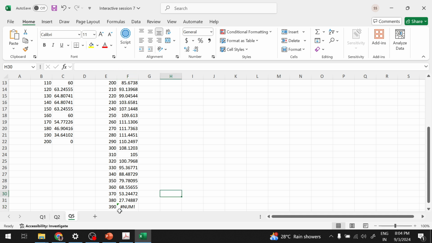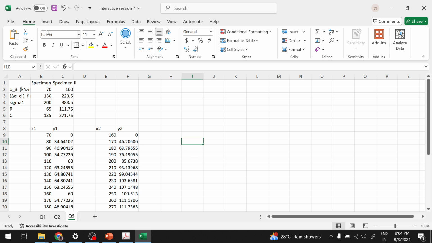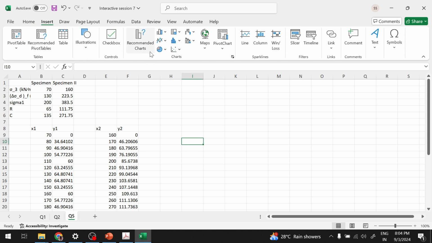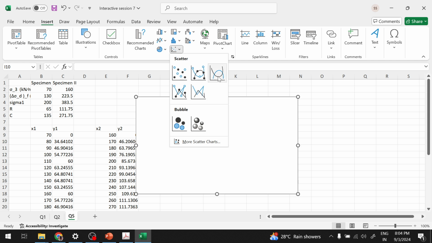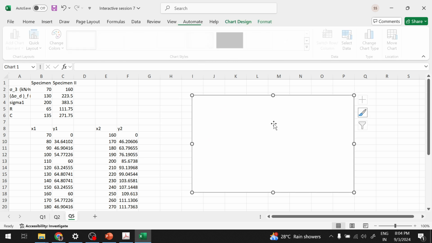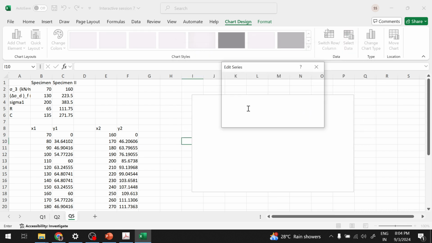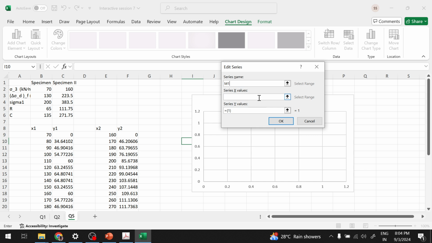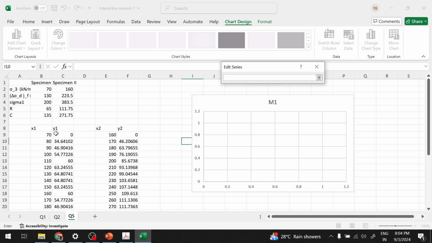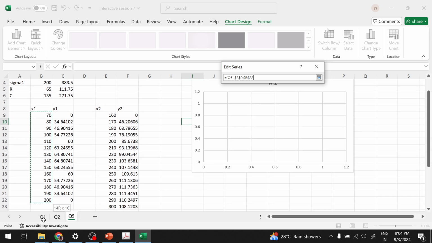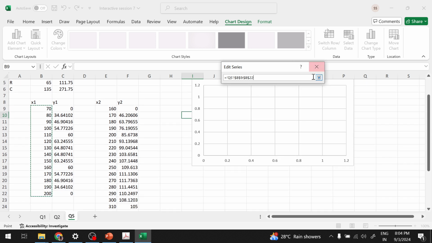Okay, so let's first draw these. Let's call this circle 1 x and y.